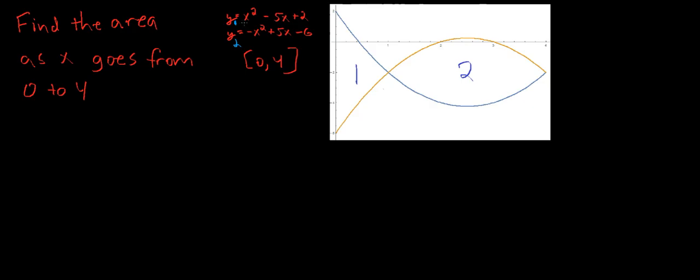If we set x equal to 0 in y1, we get y1 equals 2, which is right here. So therefore, this blue line is the upper limit, and this section here must be x squared minus 5x plus 2.